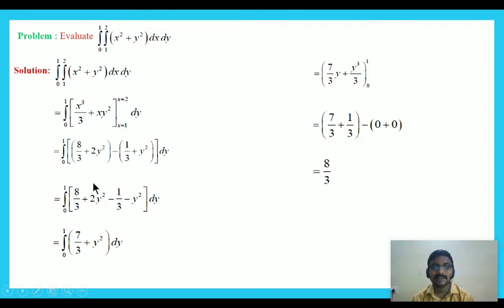Simplifying the expression, clearly the double integration is reduced to a single integration. Now applying the single integration with respect to y and then substituting upper limit minus lower limit, we will get the result as a constant. So this is the procedure to evaluate the double integration whenever the limits are constants.